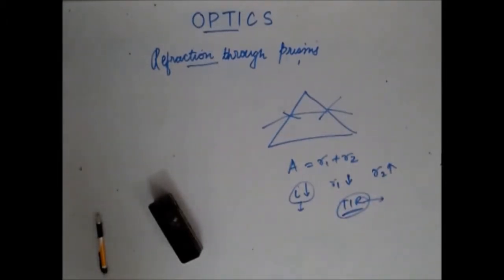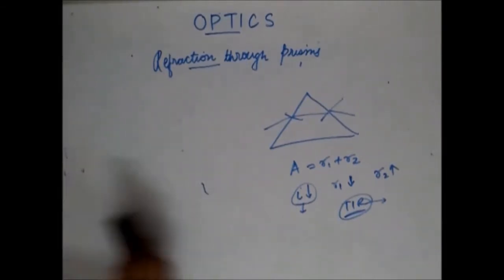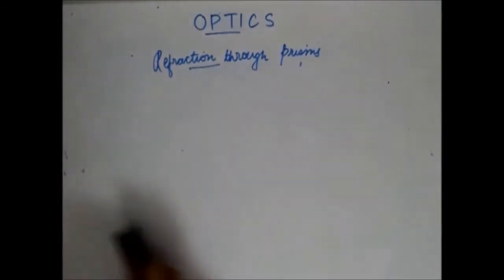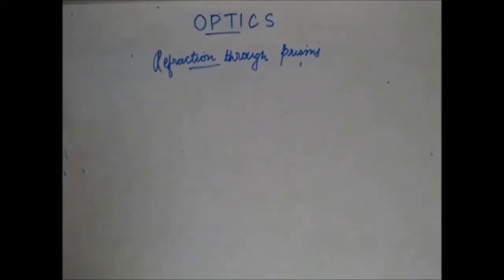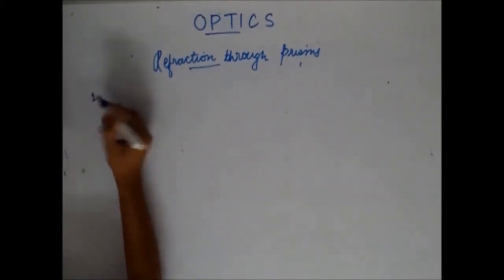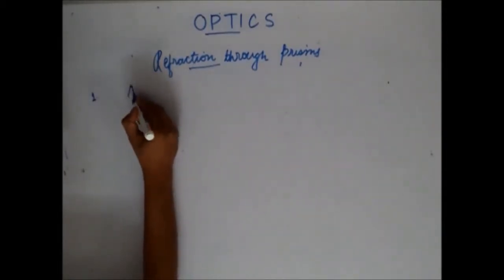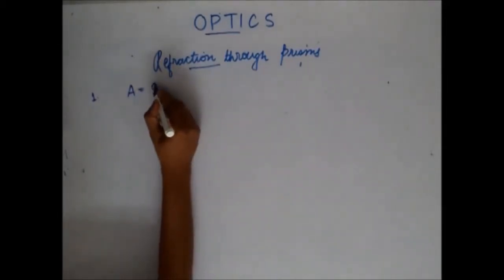Okay. Now we'll move on to the problems. So the first question is as follows. There's a prism whose angle of prism is given as 90 degrees.